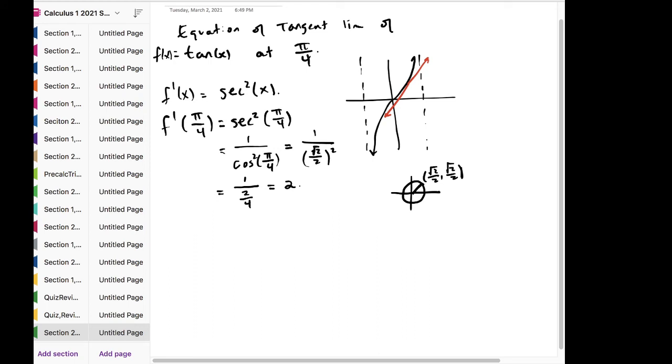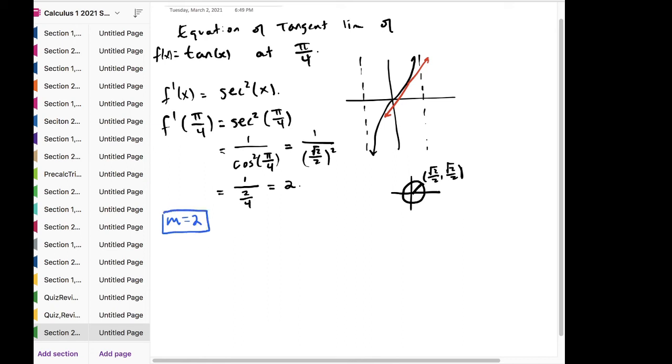First of all, what is 2? In our line, what is 2? The slope, yeah. So m equals 2.